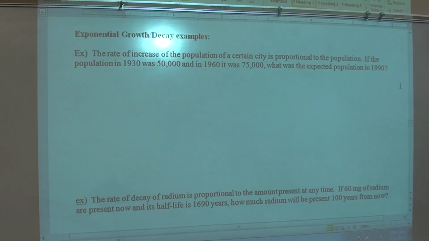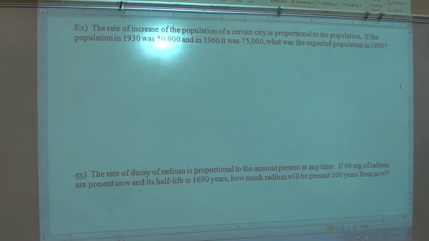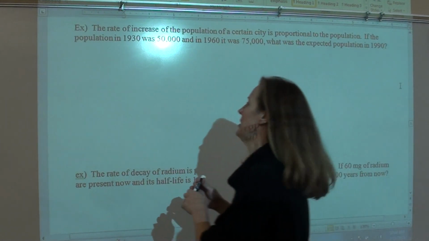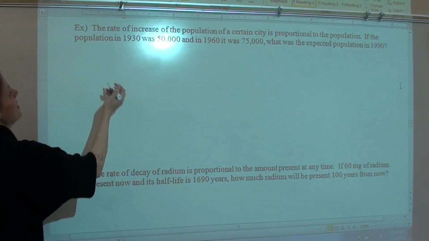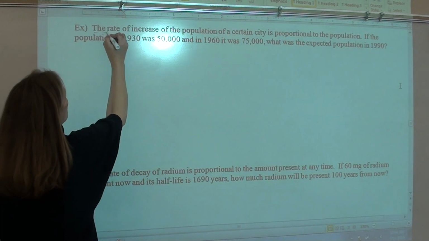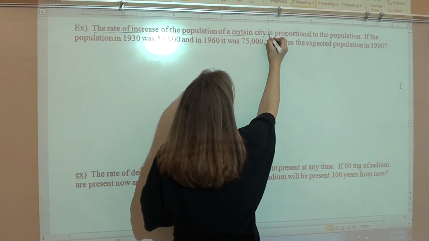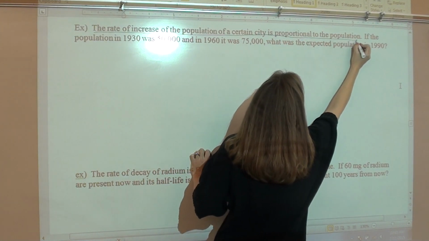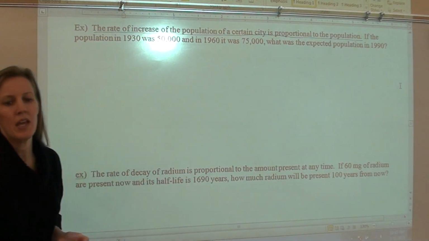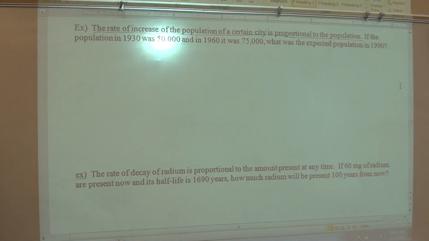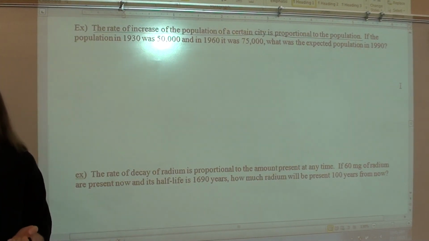Well, let's talk about how we set this up. This first line is the basis for almost all regular exponential growth and decay. And this is what we're going to use to write our differential equation.